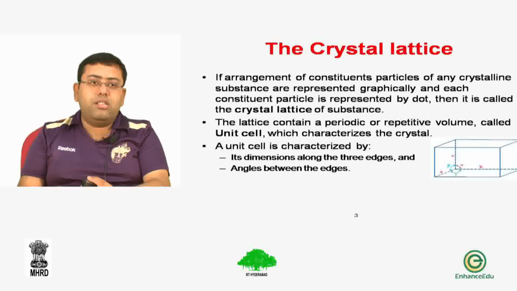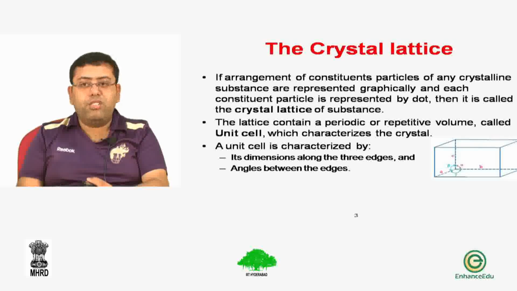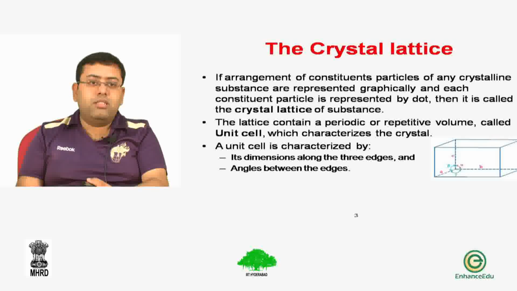So in a crystal lattice, the atoms are packed in a regular fashion over the entire volume of the crystal. However, the packing differs from material to material, and we have a nomenclature based on how the repetitive structure looks.